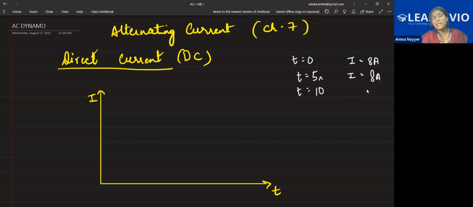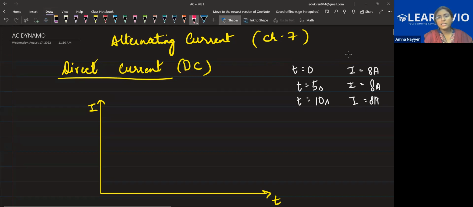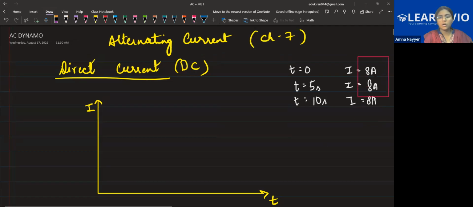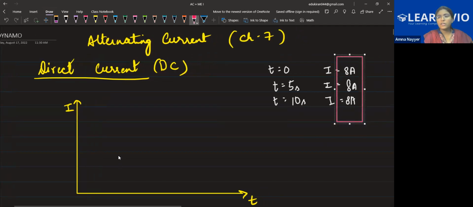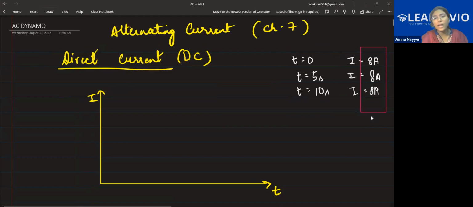Let's say at 10 seconds, current's value is still 8 amperes. All these values are nothing but the constant value of current throughout.